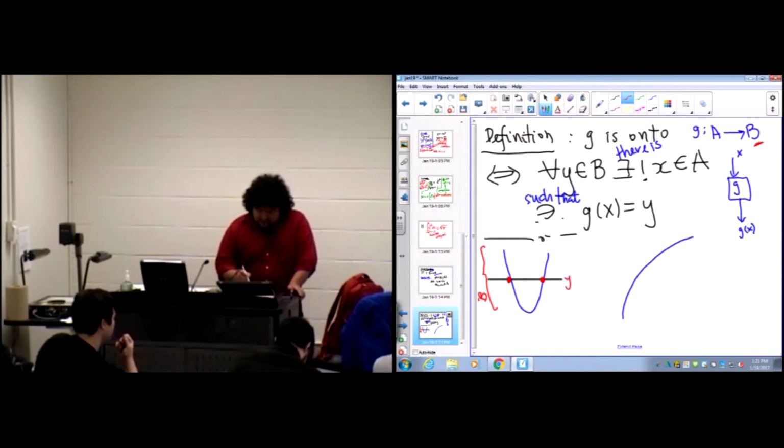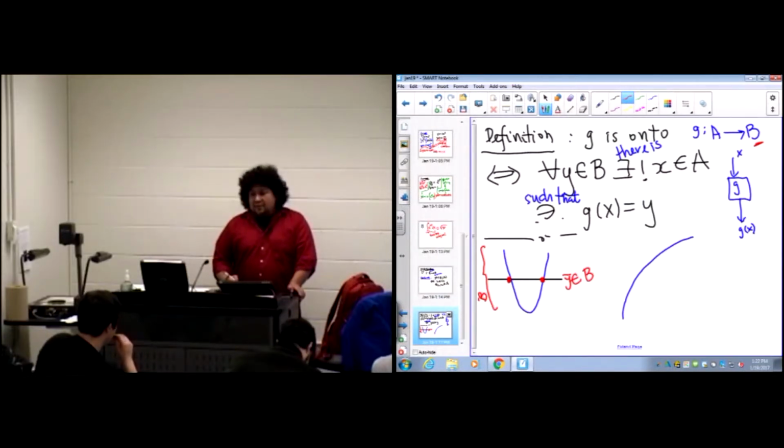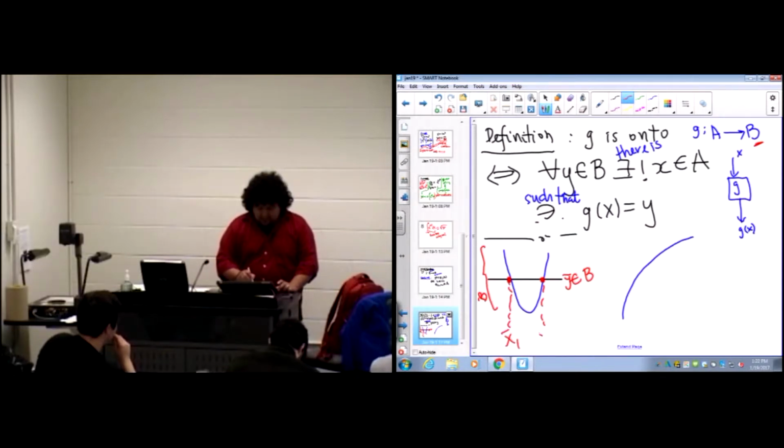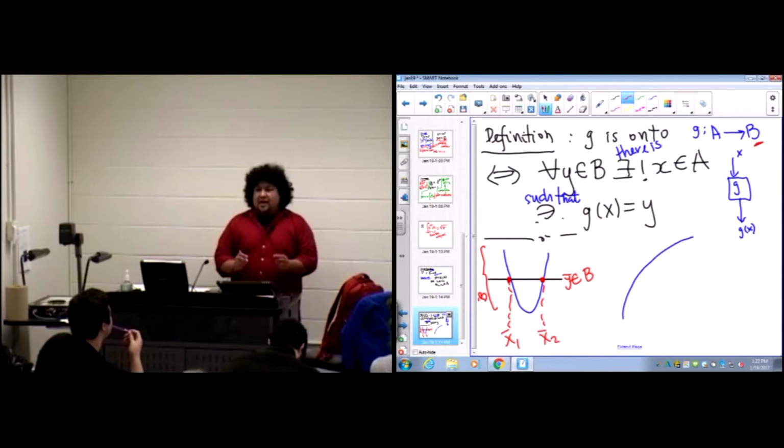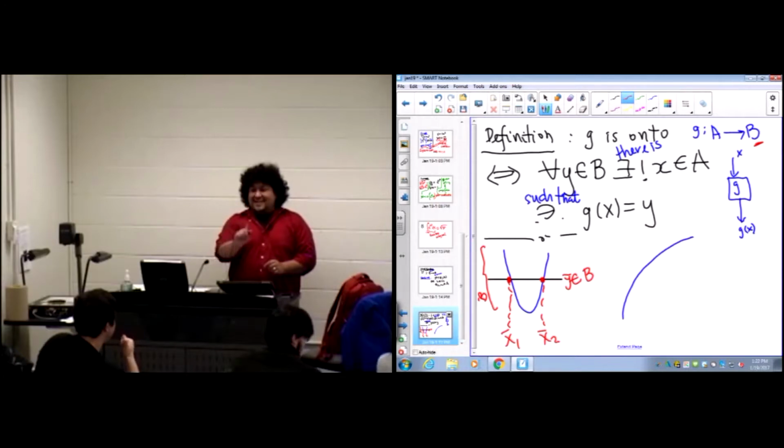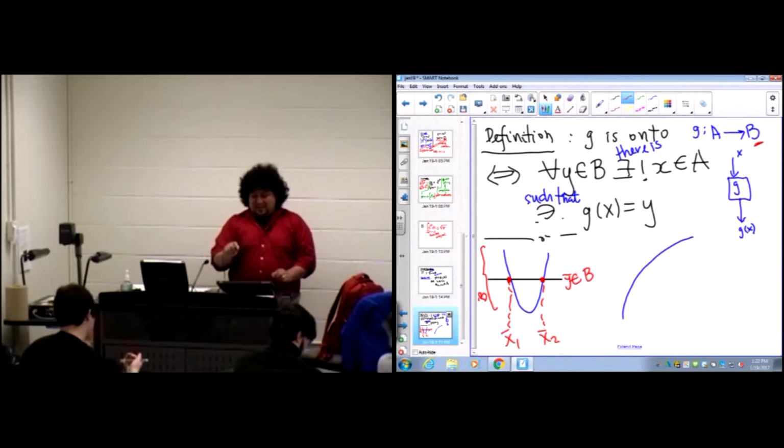And that tells you that this is the one value y bar, for example, the y bar that lives in B. This will be an example of when you draw the horizontal line and you trace back to the x values of the domain, then you're going to find that there are actually two values. I don't know, x1 bar and x2 bar. Two values that evaluated in that function give you the same value.